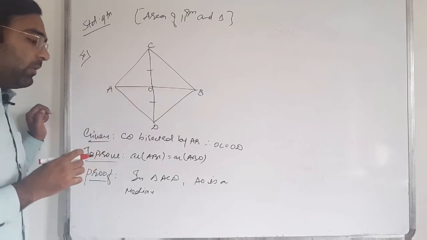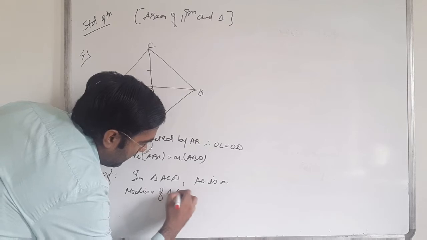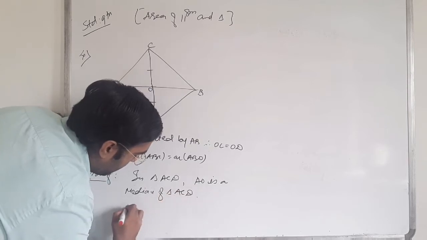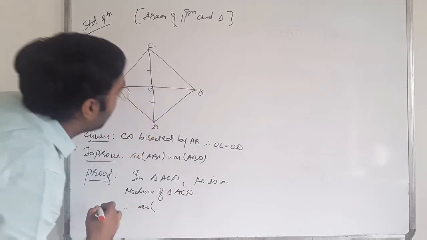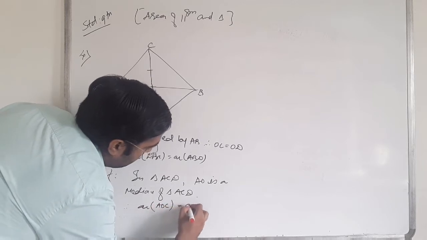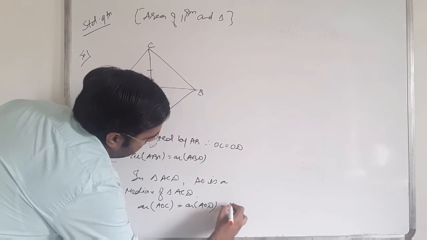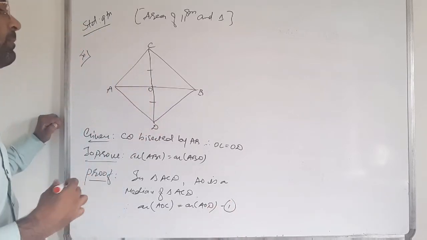So AO is a median of triangle ACD. Therefore area of AOC is equal to the area of AOD. Let's call this equation 1.